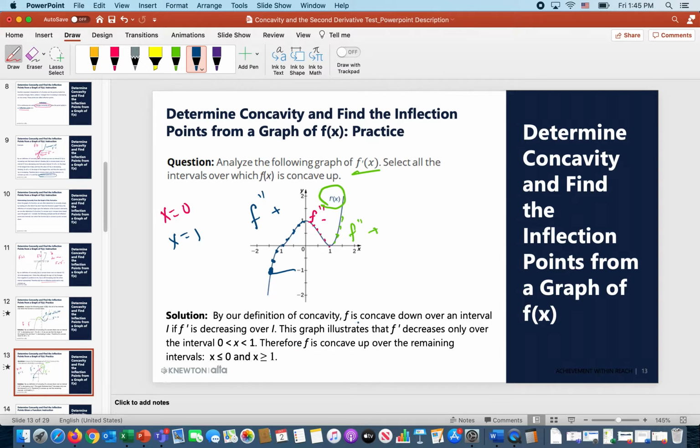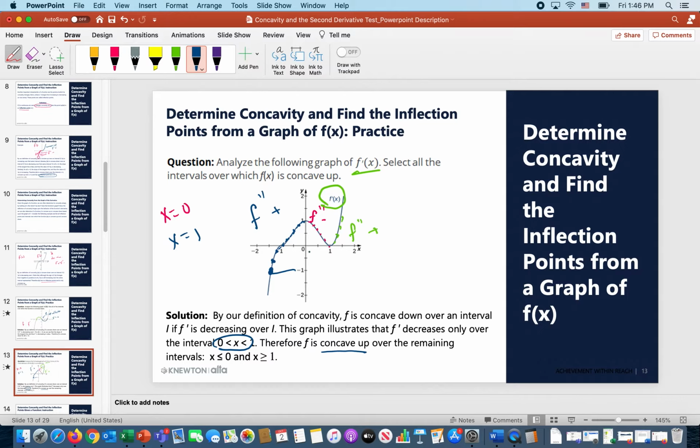By definition, f is concave up over an interval if f prime is increasing. And we see that f prime is increasing all the way up to 0. And then we see that f prime is decreasing from 0 to 1. Therefore, f is concave down over the remaining intervals.